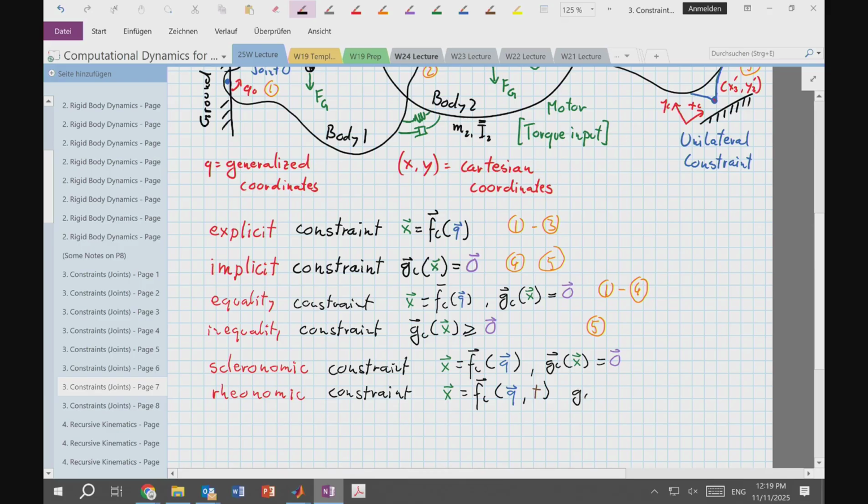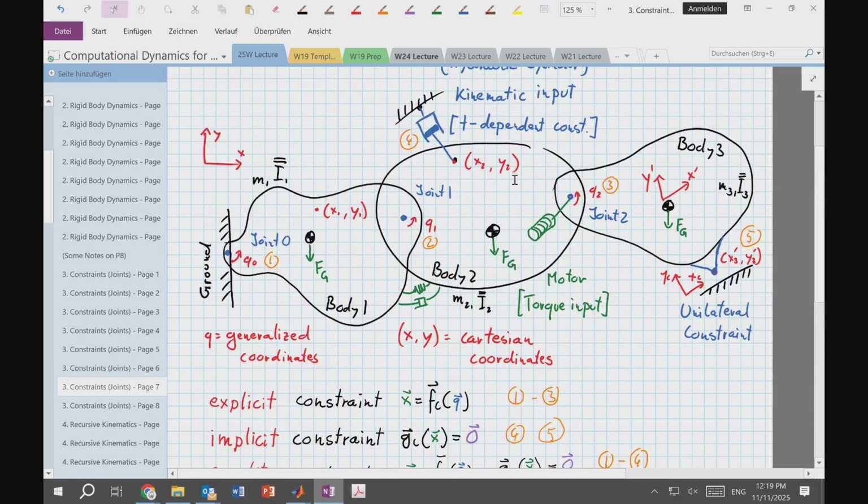The same for implicit constraints, where I would say gc of x and time, t, has to be equal to 0. In our little example, the first 3 joints and constraint number 5 are scleronomic. Constraint number 4 is rheonomic.